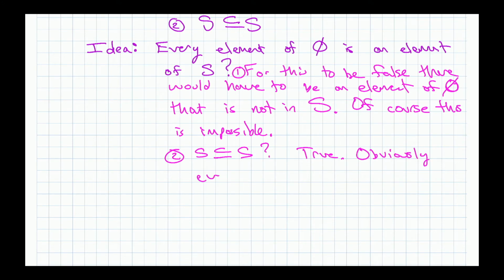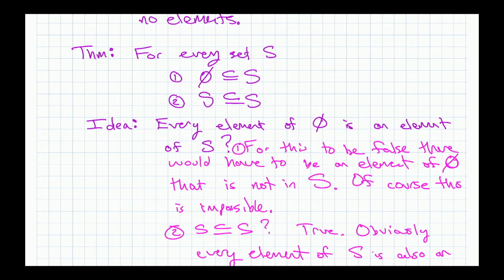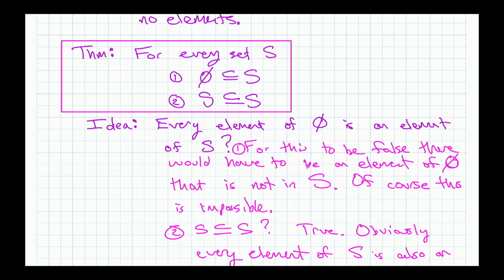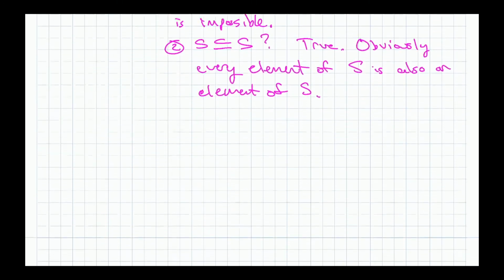Obviously, every element of S is also an element of S, right? No matter what S is. So these two properties in the theorem are pretty straightforward, but they're worth writing down because of something that we're going to do pretty soon here. Okay, so I want to mention them.